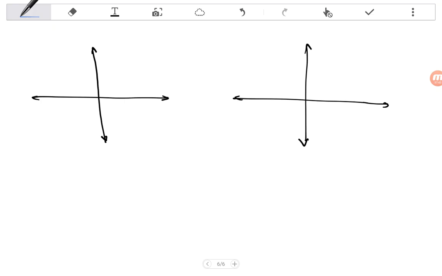Cosine x is sketched like this, and sine x, this is cosine x, and sine x is just graphed like this.